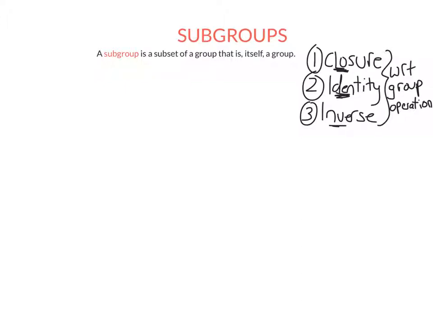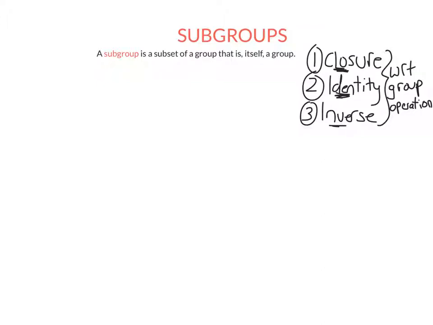So that means that any subset of that group will also be associative. So the associative law is induced on any subset as it is. So I don't need to check that. I only need to check the other three, because that's not induced by the group.